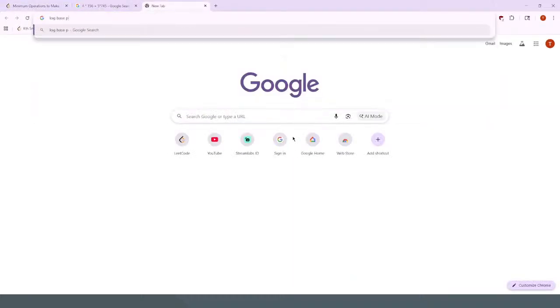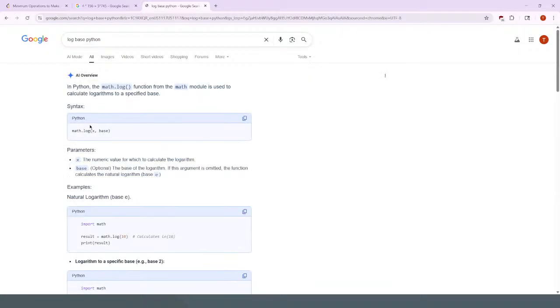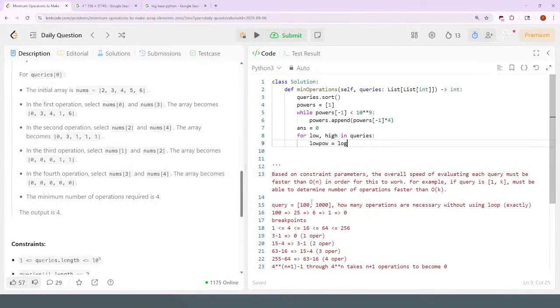I think it's log with 2 parameters, x and base. Hopefully this works, because it can have some funky loading stuff. So log of the low value, base is 4.